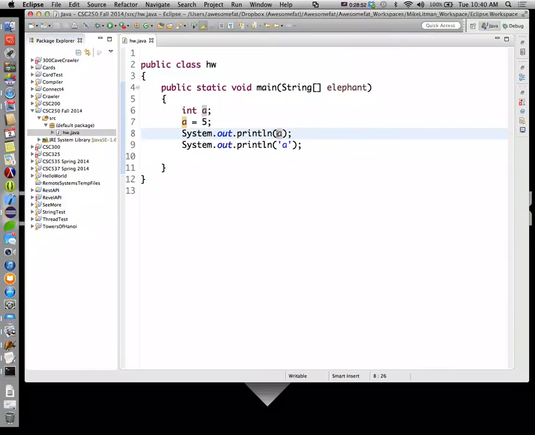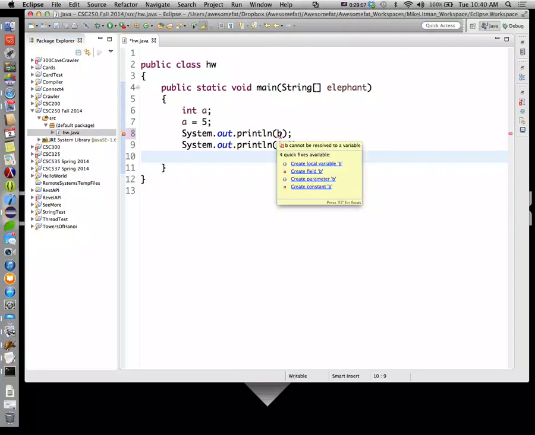When I look at A, we know A is a variable name or A is undefined. So for instance, if I put in B there, it's going to yell at me. It's going to say, B cannot be resolved to a variable. You didn't define it because we took the definition of B out.